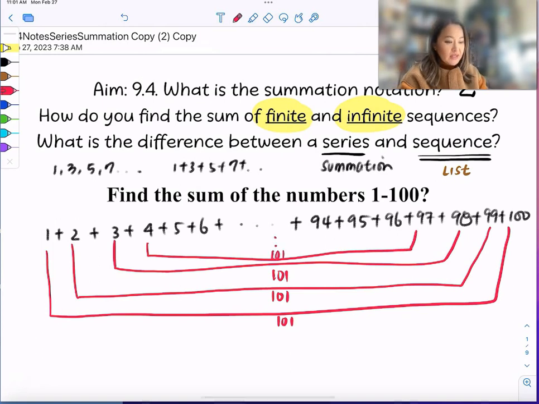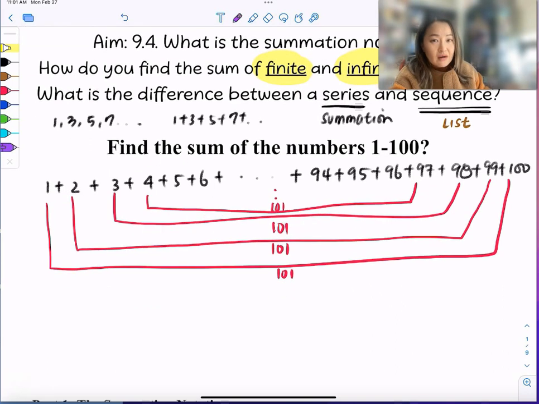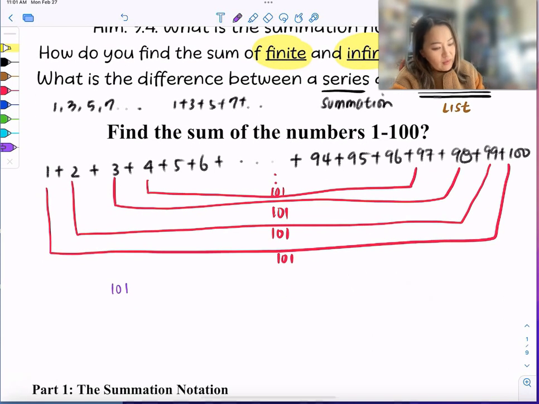And this 101 continues. But how many times does it continue? You're pairing, so not 100 times, it's 50 times. So the sum is 101 times 50, which becomes 5050. The sum is actually 5050.